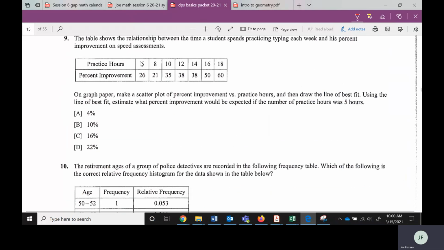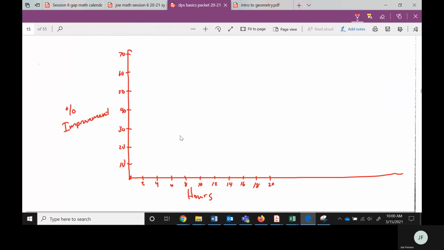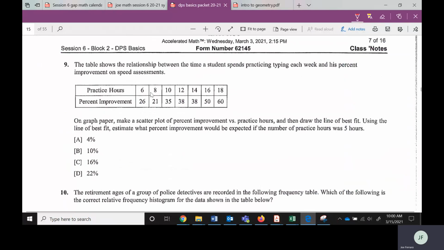Okay, now we need to plot the points. So this will be a little annoying, but 6 and 26. So 6. So here's 20. 25 is halfway, so I'm going to go just a little bit there. Okay. And then the next one, 8 and 21.